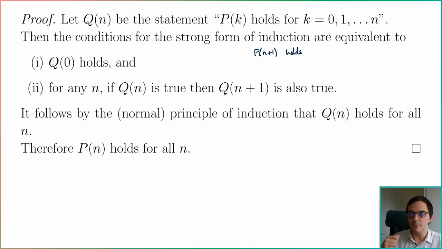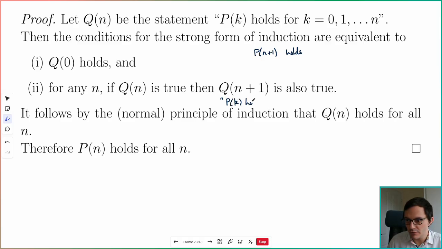So now if Pn plus 1 holds, then, well, what can you tell me about Qn plus 1? Qn plus 1 is a big complicated statement. It says that the statement Pk must hold for k equal to 0, 1, 2, and so on, all the way up to n plus 1. So let's write that out.